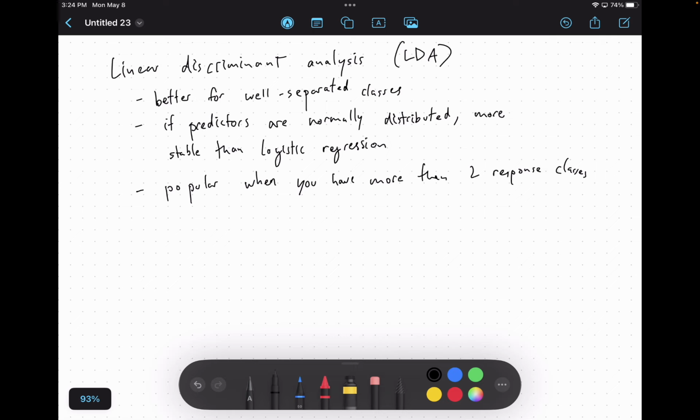What does more stable mean? Because the assumptions of the model more closely reflect the distributions in the data, the stability could be in reference to the accuracy of the standard errors.